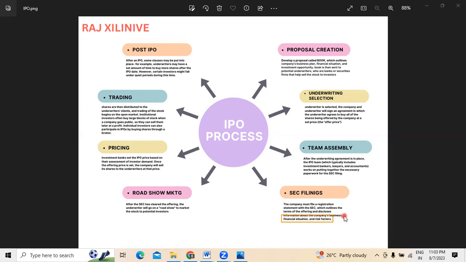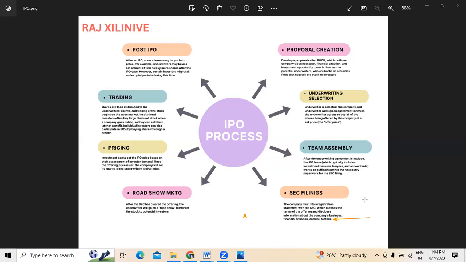Is it clear now? Because risk factors have to be identified over here. So this is where generally risk factors come into the picture. So financial situation followed by the risk factors, everything has to be evaluated.